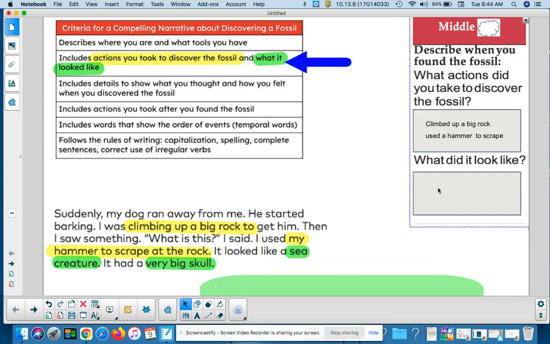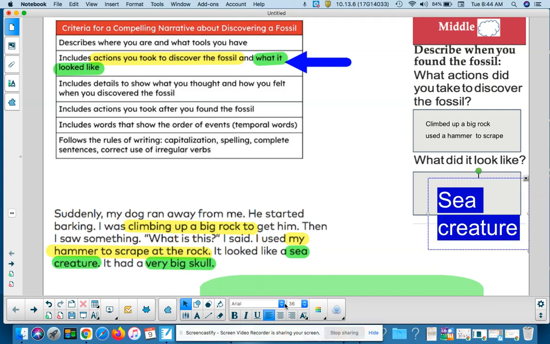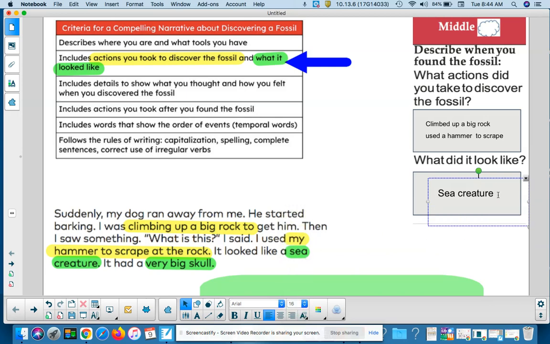Now I need to say, what did it look like? Sea creature is one way we can describe what it looked like based on the text, and big skull. There we go. Now I have my notes for the middle part of the story.